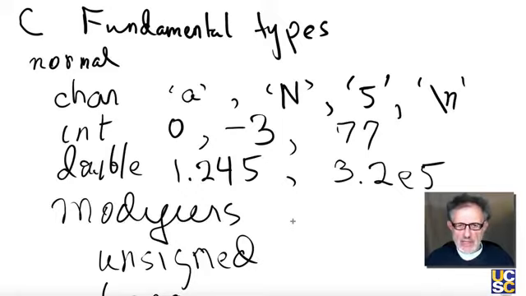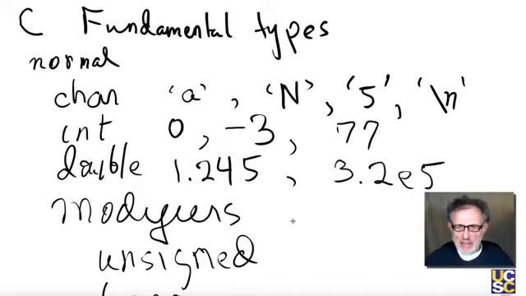And intuitively, you can understand that a char might be a special character like A or a capital N, or the character that's the digit 5, which is going to be different than the value 5, or an unprinted character that moves your screen a line, so that's represented by \n.